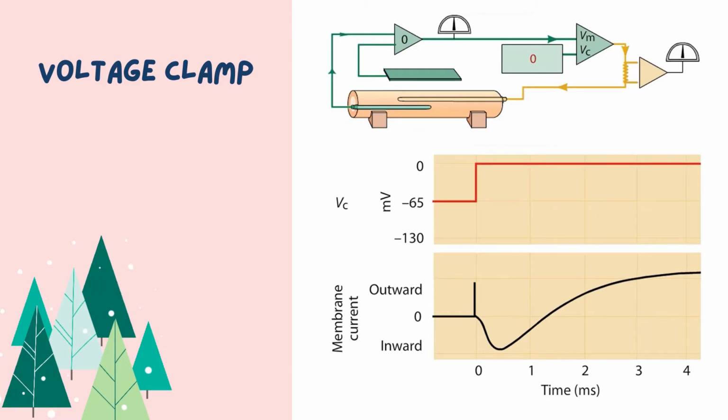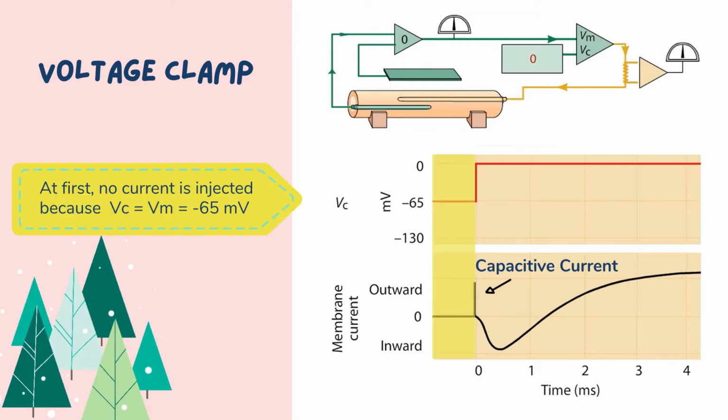This is an example of current recording with the voltage clamp method when a squid giant axon is voltage clamped to 0 mV. At first, no current is injected because the Vc is the holding voltage of negative 65 mV, which is identical to the resting potential. When the membrane potential is stepped to 0 mV, a very brief capacitive current is seen.